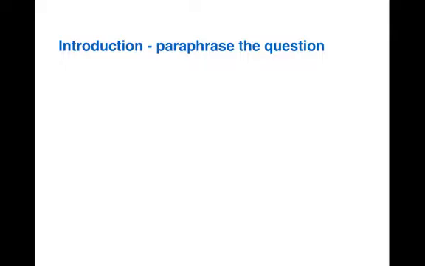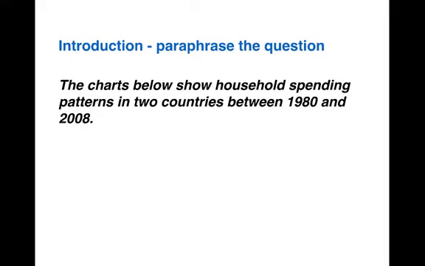The technique is to paraphrase the question. If we look at the question, all we need to do is go through it bit by bit, changing a few words. If we start with the charts below show, we can easily change that to the pie charts compare. And then we move on to household spending patterns. I'm going to just check the chart for this one.